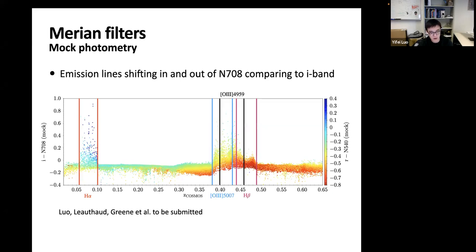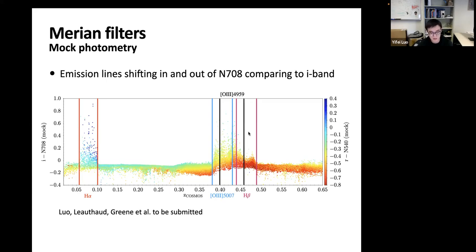That's basically the feature we want. You also see there are some interlopers at higher redshifts. Redshift 0.1 is our target redshift range. However, there are interlopers at say redshift 0.4. That's the O3 H beta emission line shifted into our N708 filter. So we need another filter, the N540 filter, to help characterize those interlopers and help improve the photo-z. I guess that's also the point for the J-PAS survey.